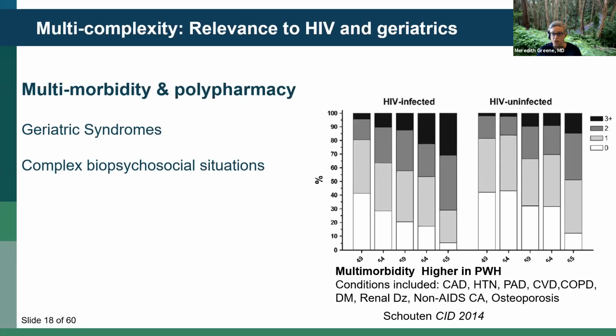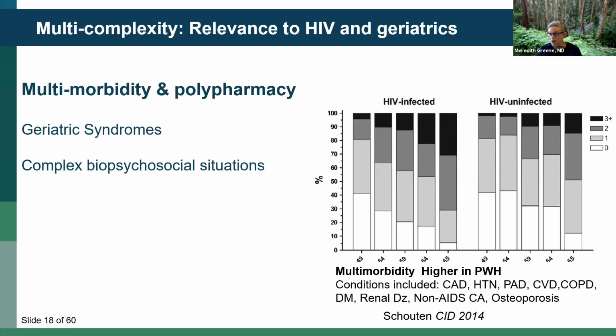This is from the HIV age cohort. You can see the HIV positive group had a higher prevalence of these dark bars indicating 3 or more chronic conditions. And it's not just multimorbidity, it's also geriatric syndromes, which we'll talk about today, and then also really complex biopsychosocial situations.